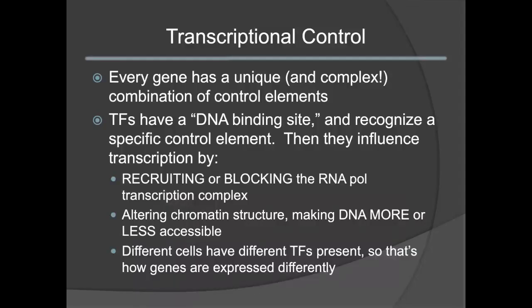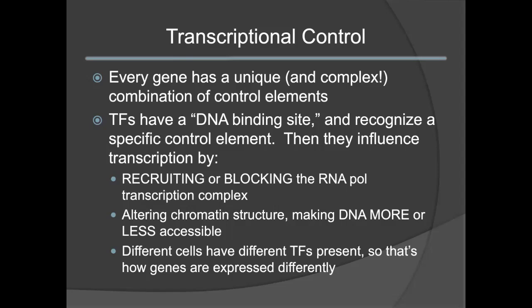We are now going to take a look at transcriptional control. Every gene has a unique and very complex combination of various control elements. Transcription factors in general have a DNA binding site available on themselves. This binding site will help them to recognize their specific control element or control sequence on the DNA. Transcription factors, once again, can affect transcription in many ways.